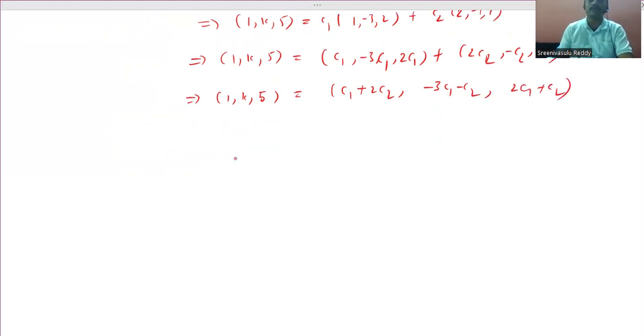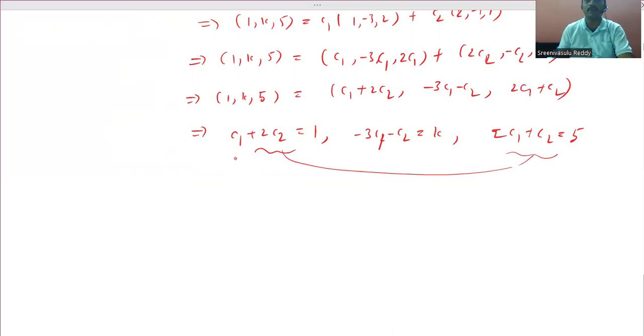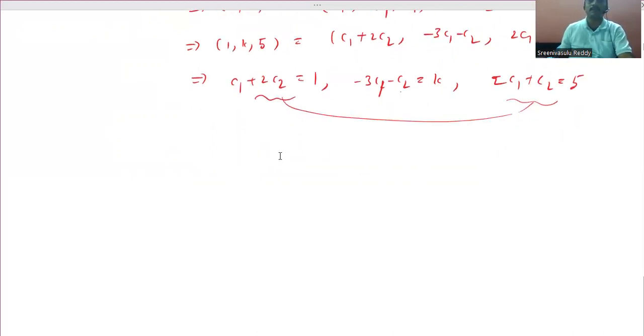Two 3-tuples are equal if and only if the corresponding components are equal. First component equal to first component value, second equal to second, third equal to third value. Using these two, we get C1, C2. Later substituting here, we get k value. That's all.